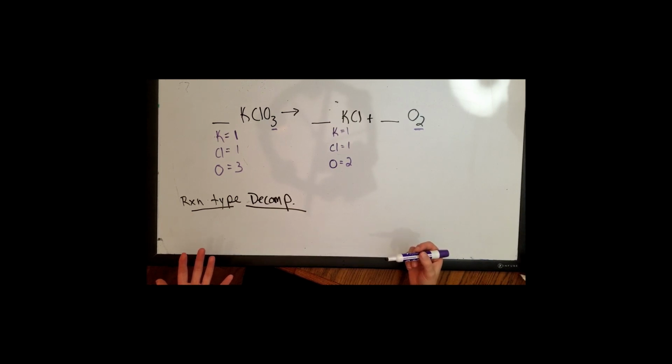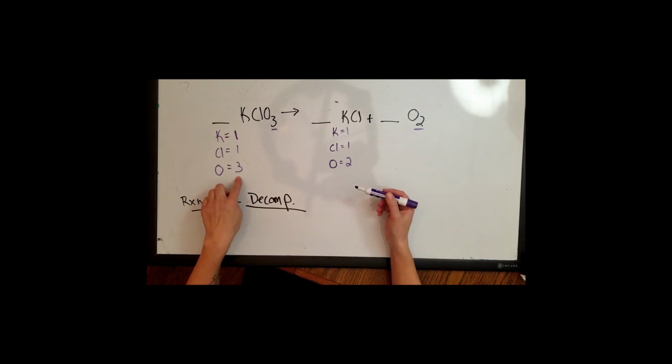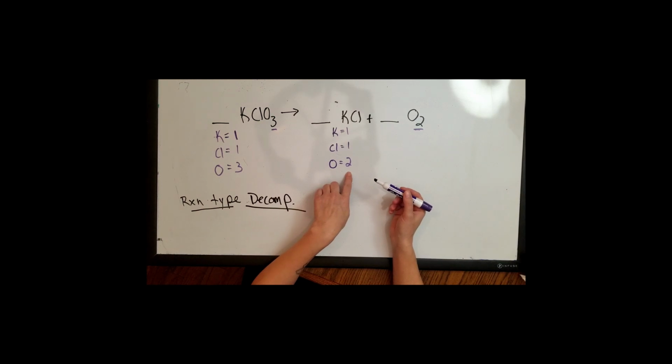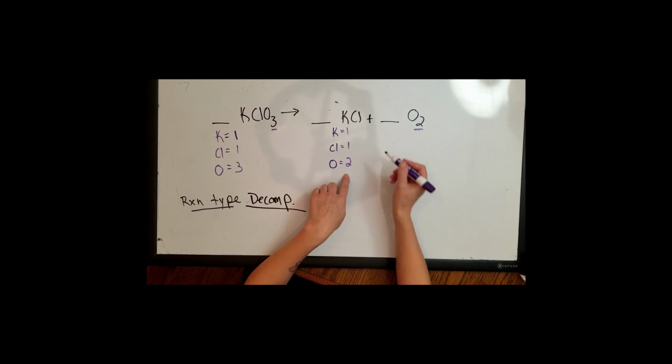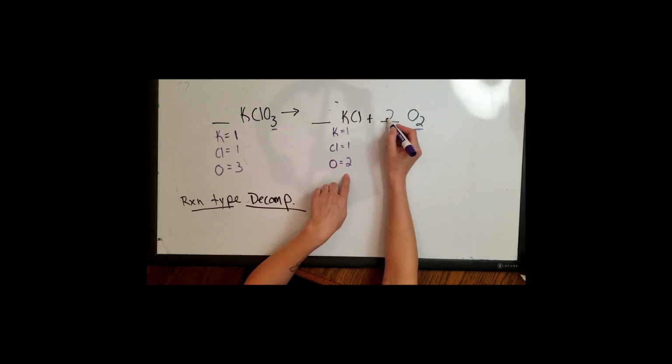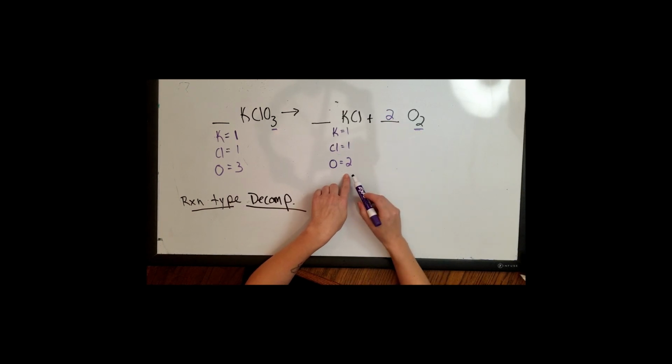Okay, so I have 3 oxygens on the reactant side. I have 2 on the product side. All right. So that means I need more oxygens on the product side. So if I put a 2 here, now how many oxygen atoms do I have?